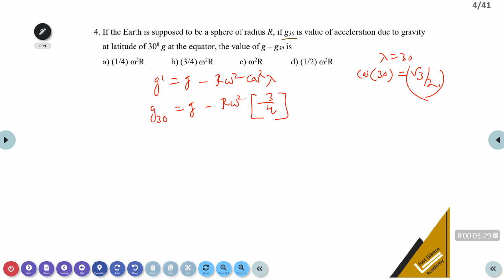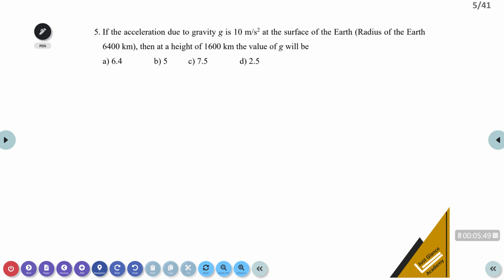Now transfer the term to this side, so g minus g30 equals 3 by 4 into R omega square. This is asking g minus g30, so this is the right choice.